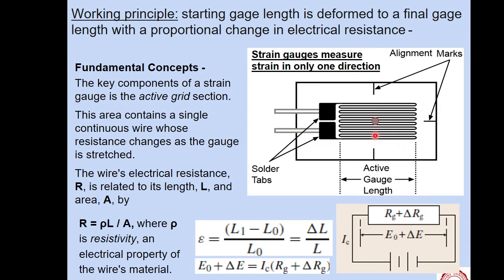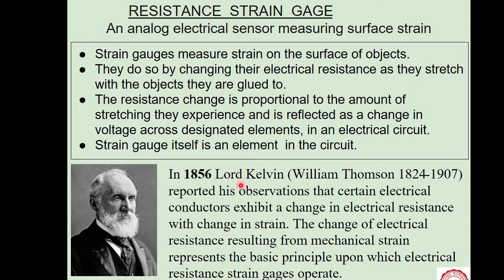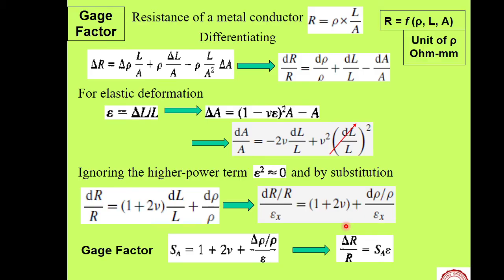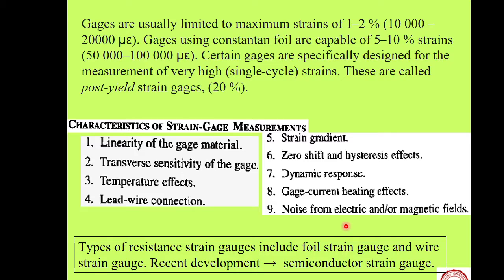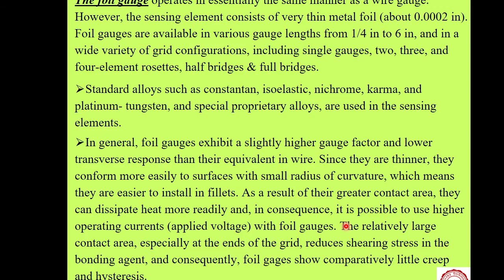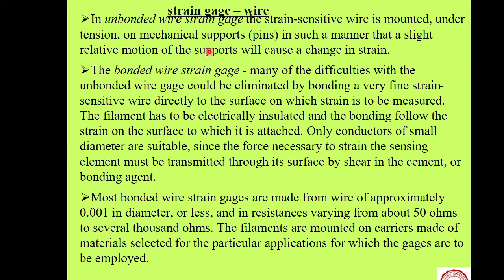Let us see the construction. This is known as a foil strain gauge. But you see, this foil strain gauge is a later development. Whatever Lord Kelvin observed, he observed for an electrical conductor. So initial strain gauges were something like this. They were wire type strain gauges.